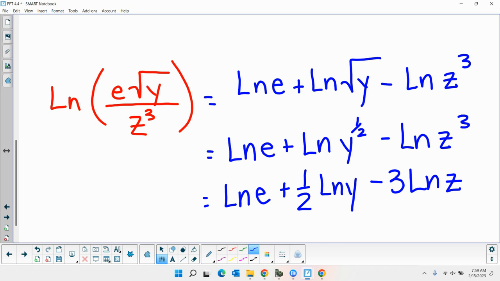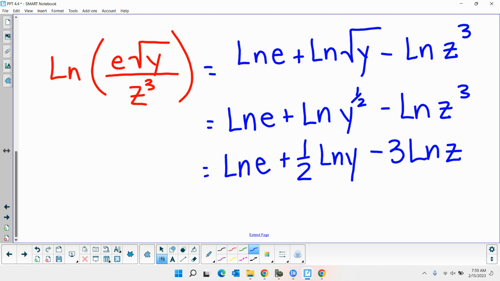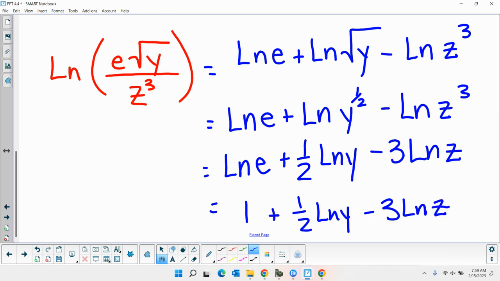E. So this is like log base e of e, which means 1. So actually we should write this as a 1 plus 1/2 natural log of y minus 3 natural log of z. Okay, so every now and then you'll get one of these logs that you can simplify.